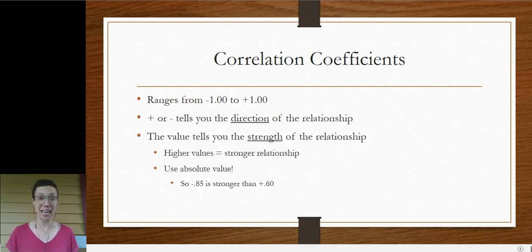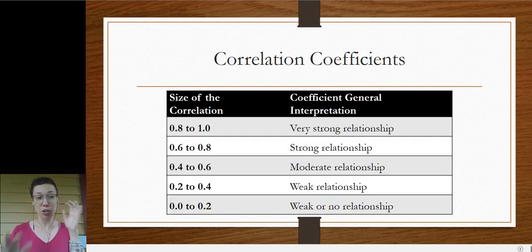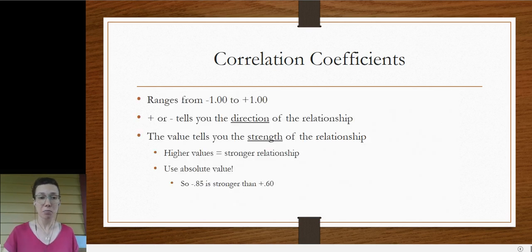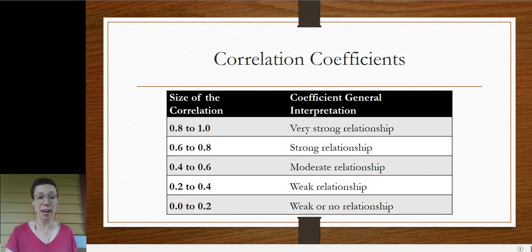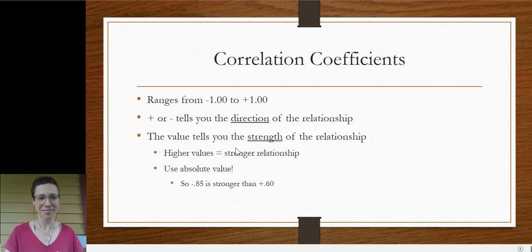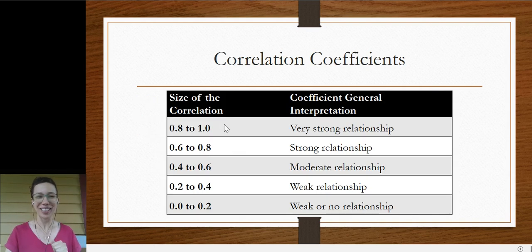So to go back to this slide, we want to use the absolute value when we're talking about the strength of the relationship. When we're interpreting the strength, we just ignore the negative sign. So if we end up with a calculation that says negative 0.85, that's a very strong relationship.